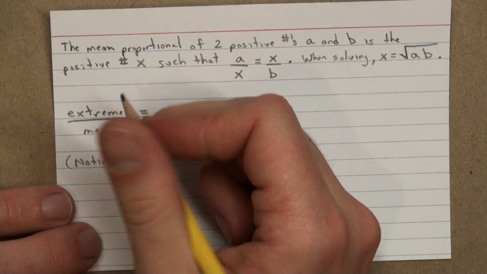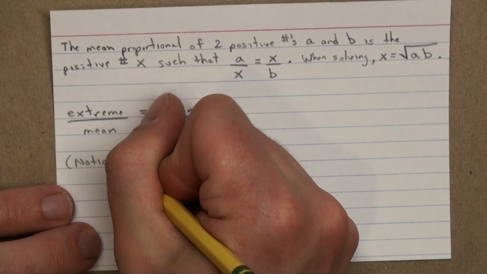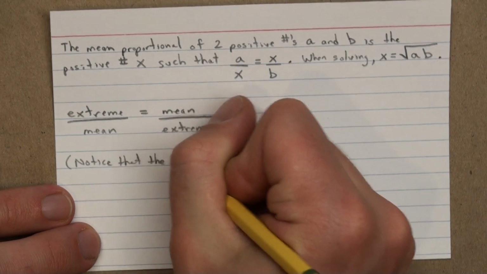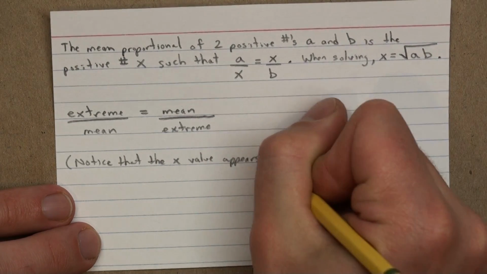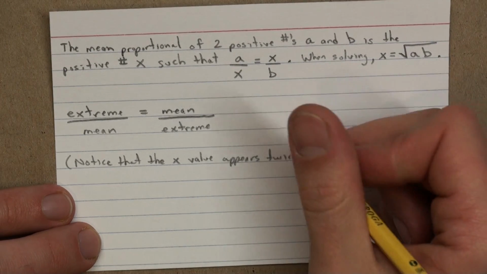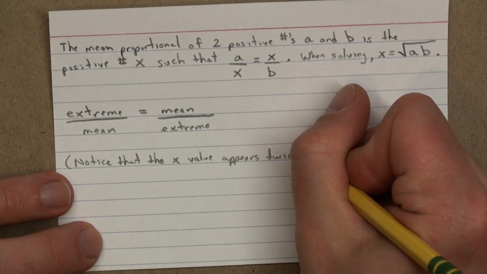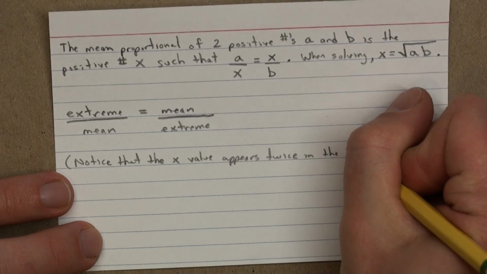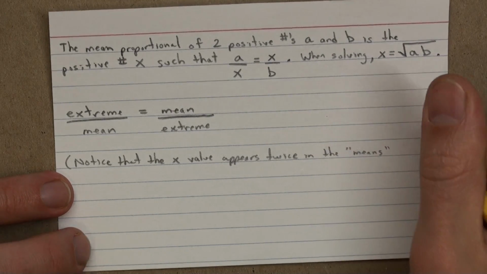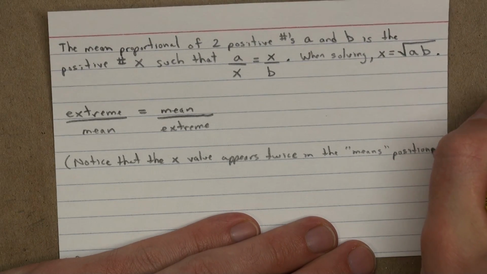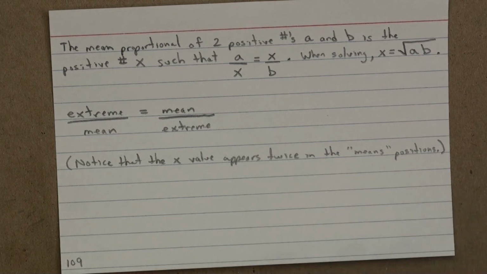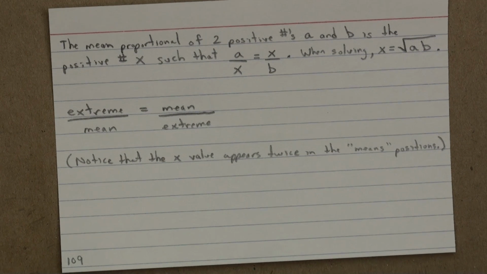Notice that the X value appears twice in the means positions. Alright, and let's see, that's really it.